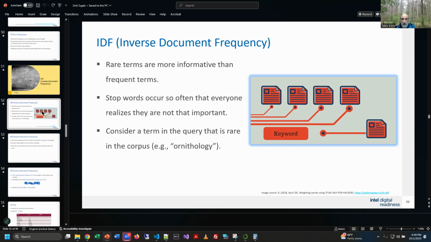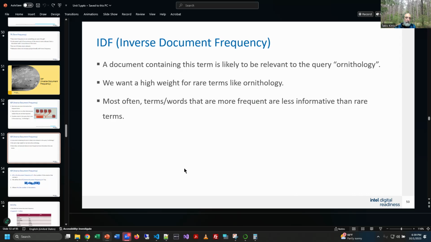It says, consider a term in the query that is rare in the corpus. For example, if I typed some sort of question into Google and it had a bunch of stop words in it, but then it noticed the word ornithology, well, that looks important, even though it's just one of the 20 words in my query. So a document containing this term is likely to be relevant to the query, ornithology, and so we want to give that a higher weight.